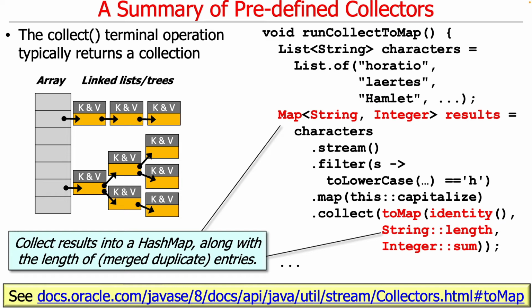The next method reference passed here, which in this case is String::length, is used to define what the values are in the map. And in this case, the values in the map will be the length of the names in bytes. So Hamlet, H-A-M-L-E-T, that's going to be 6, right? And Horatio is going to be 7, and so on. So it's a mapping of the name as a string to the length of the name.